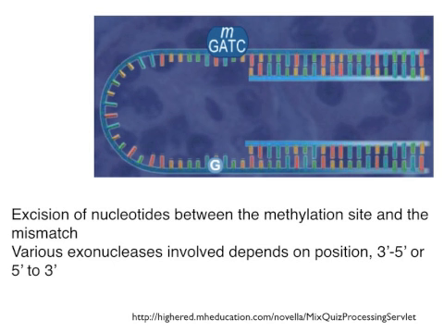Now this happens through the action of various exonucleases. It depends on the position of the methylation site in relation to the mismatch repair site, whether this portion is going to be removed in the 3' to 5' or the 5' to 3' direction. So we're not going to get into the particulars of this. Just know that the next step is the excision of nucleotides between the methylation site and the mismatch.